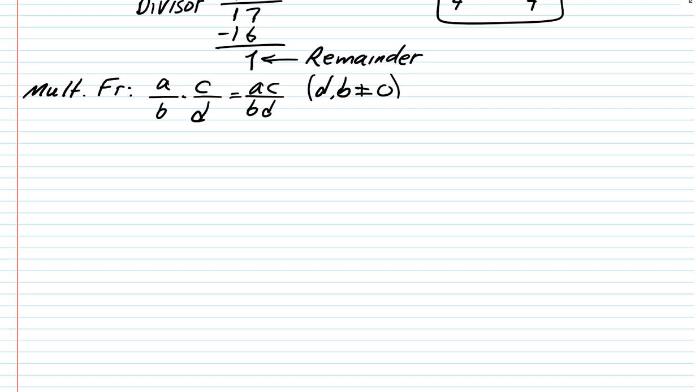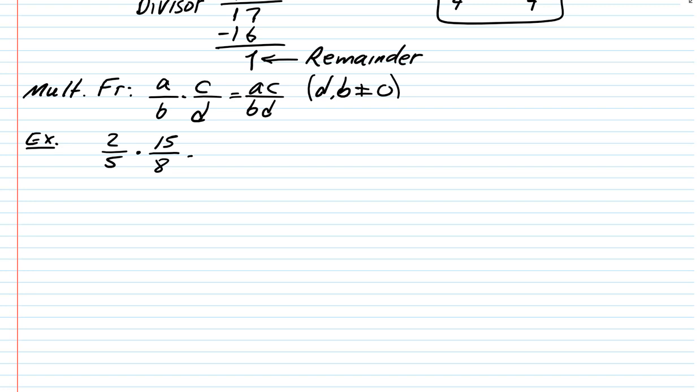So to multiply 2 fractions, again, we multiply the numerators and then multiply the denominators. And of course, if there's a way to simplify or reduce them, we will do that. Let's look at an example of this one. Let's say I have 2/5, and we're going to multiply this by 15/8.